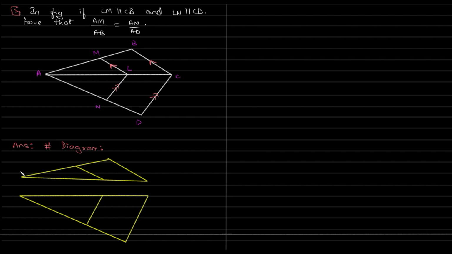So to be clear with that is very important. So we have ABC, and this is ML, which is parallel to BC. And we have ALC, and this is LN, and this is parallel to this. So this is the diagram that you have to write.